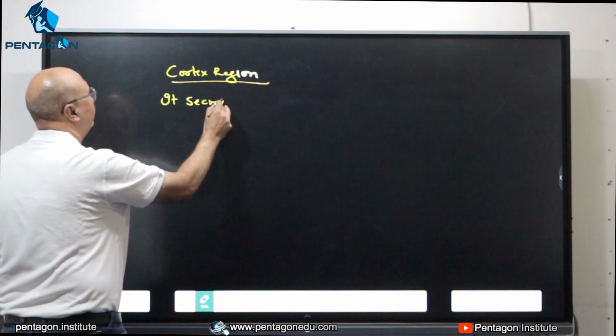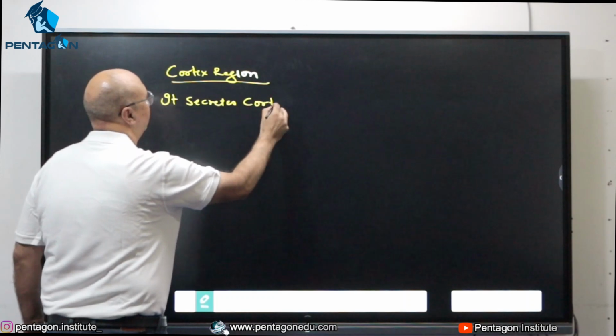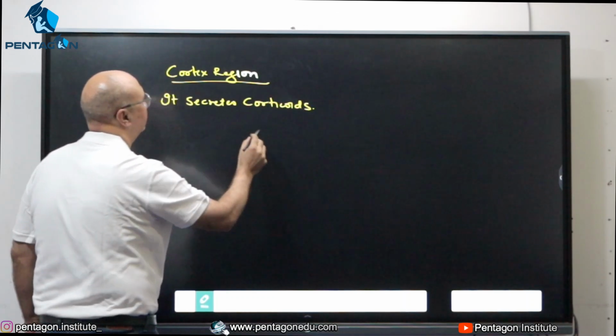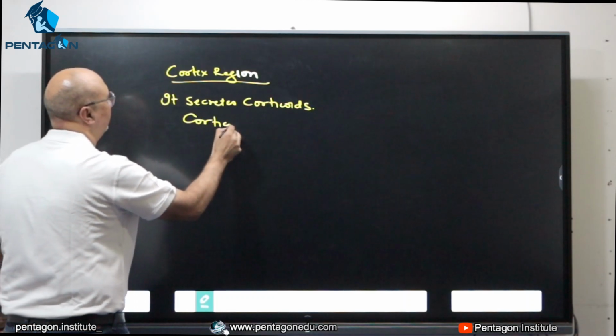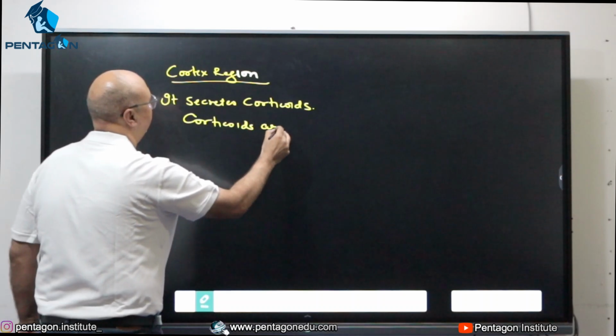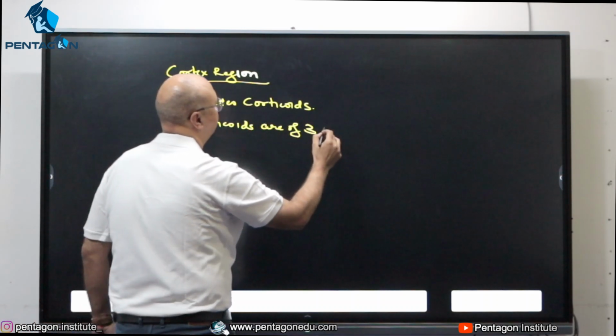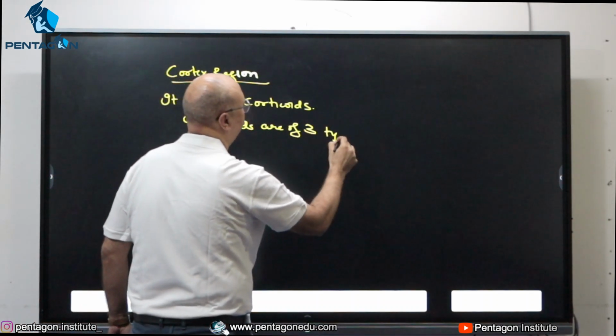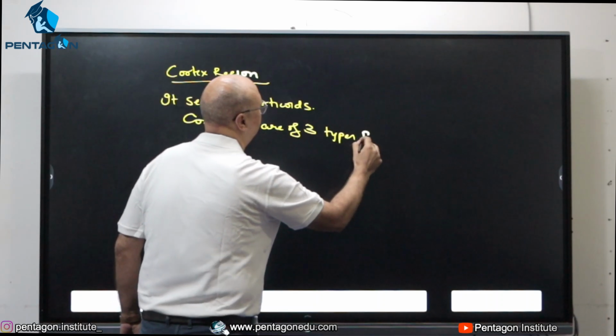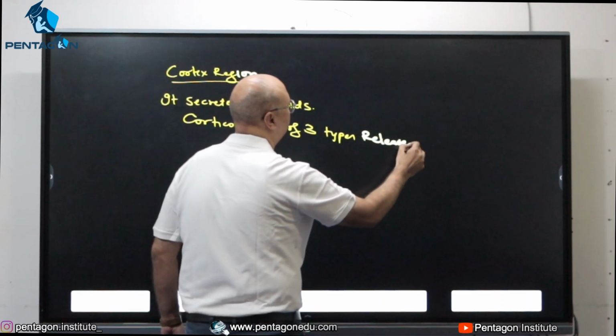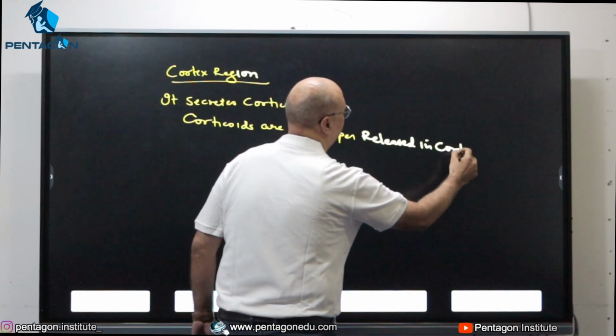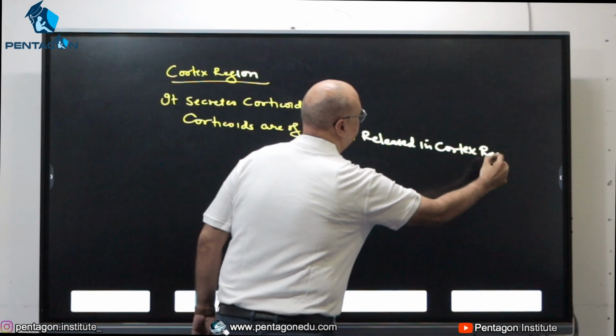The cortex region secretes corticoids. Corticoids are of 3 types.